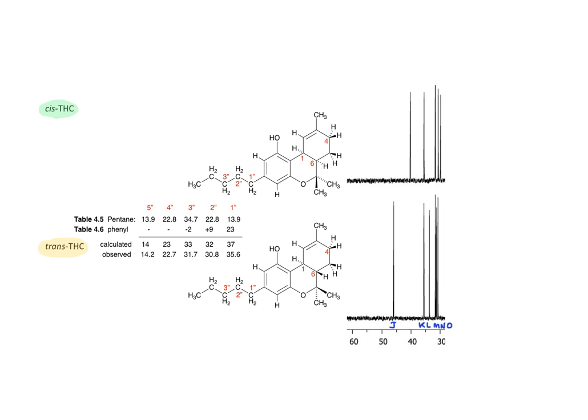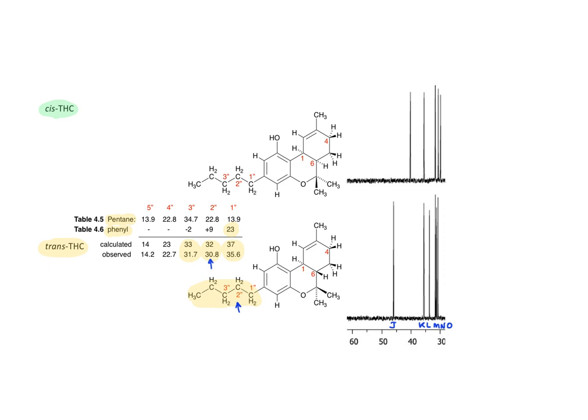If we do the easiest thing to make some estimates for the n-pentyl group, starting with pentane and putting on a phenyl substituent at the 1'' position, we see that there's fairly good agreement between calculated and observed for 1'', 2'', and 3''. Note that 2'', which is closer to the phenyl group, is actually shielded relative to 3''.